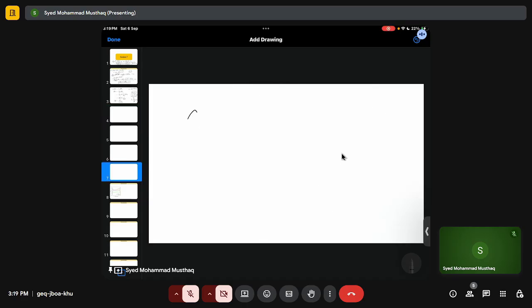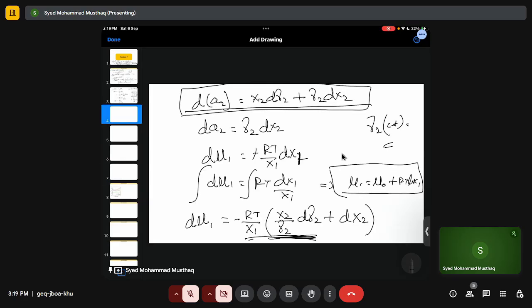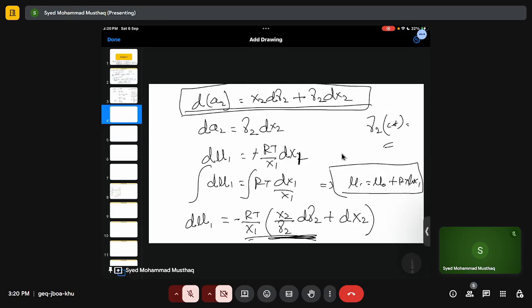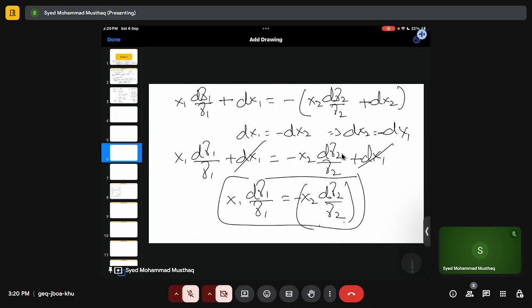So d mu1 equals to minus, so there is a minus, it will get plus. Let's keep RT outside, okay? Then let's write everything.